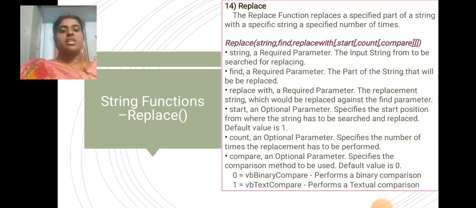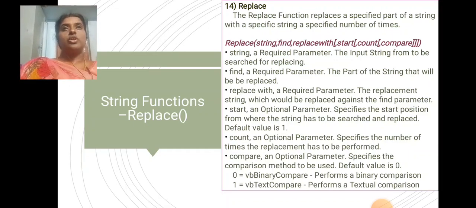String is a variable in which you would like to perform the search. Find is the pattern you are going to search for. Replace with is the value with which you replace the searched pattern. Next is start, from where you would like to start the search.